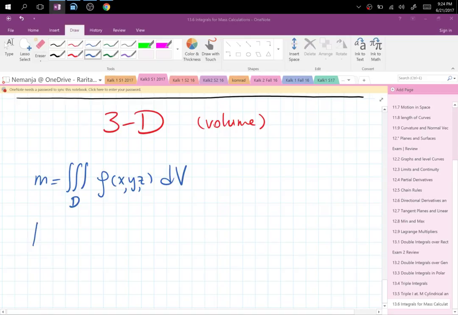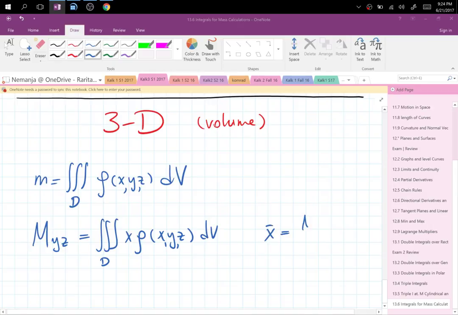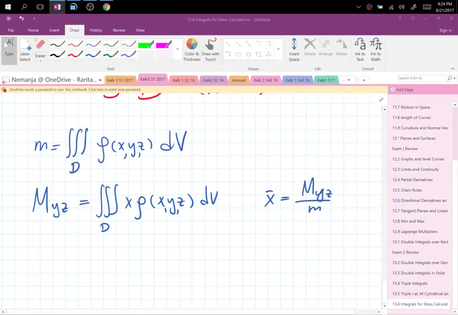Moments. We have a moment on yz, which would be the triple integral of x rho, which gives us the x bar when you divide the moment yz by the mass.